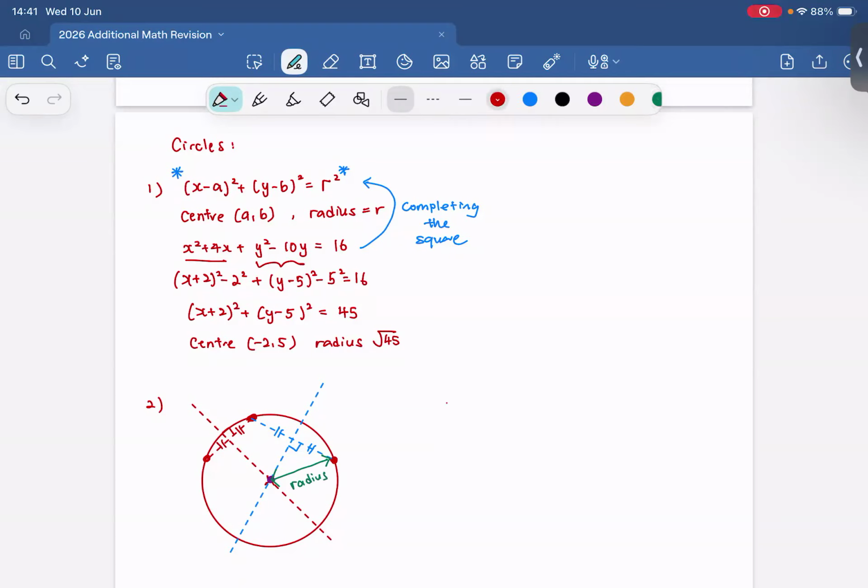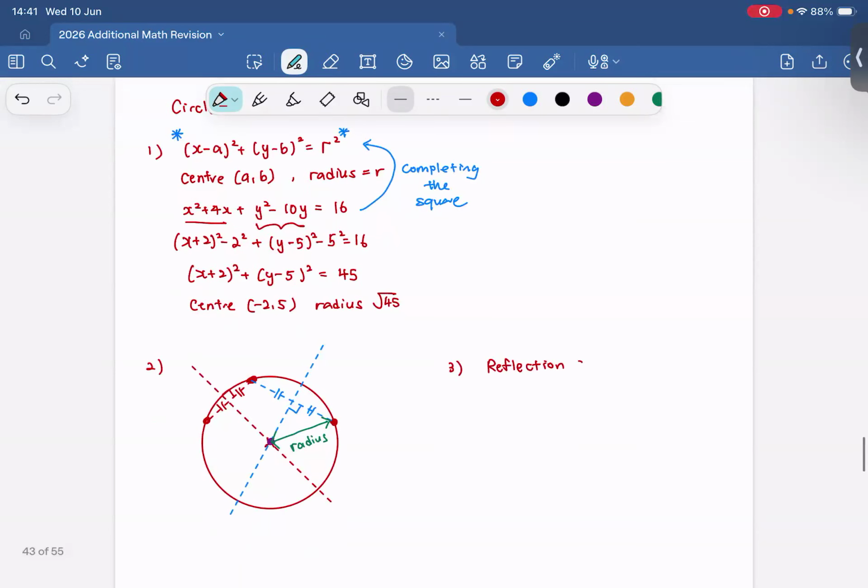Okay, one more thing that I can talk to you about is called reflection. So if I reflect about the y-axis, you must know that when you reflect about the y-axis, or you reflect about the x-axis, the radius of the circle does not change.